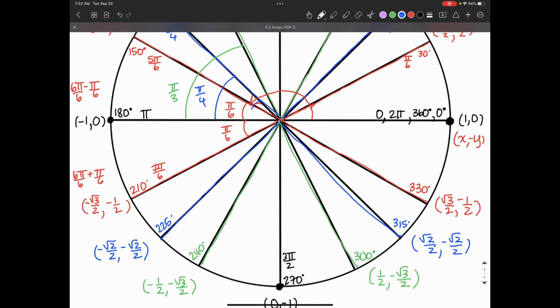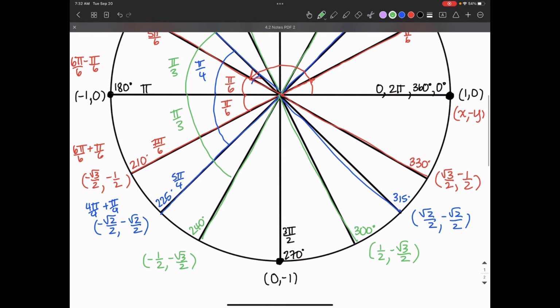I'm going to do that also for this angle here, which I know is pi over 4, so I'm doing 4 pi over 4, which is pi, plus pi over 4, which gives me 5 pi over 4. And then lastly, I know this angle here is pi over 3, so I'm going to do pi plus pi over 3. This is 3 pi over 3 plus pi over 3, which is 4 pi over 3.